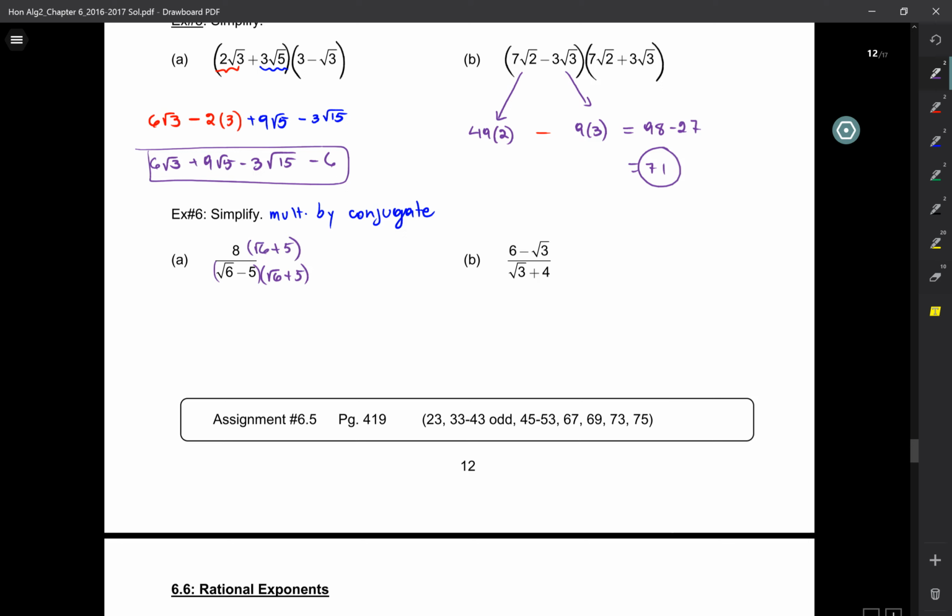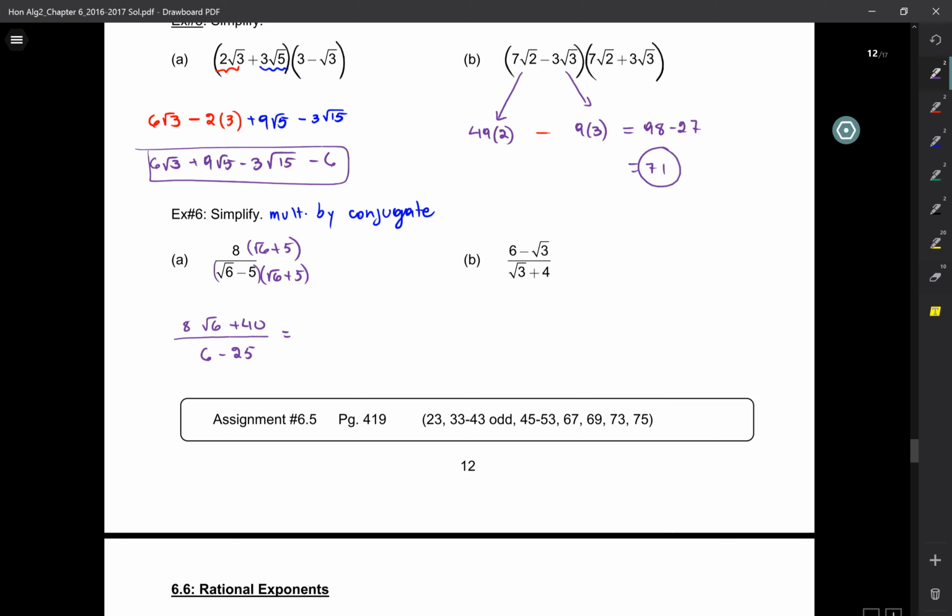All right. In the numerator, I will have 8 root 6 plus 40. In the denominator, I'm going to have the square of the first minus the square of the second, right? In this case, there is no I, so it remains a minus. So root 6 squared is 6 minus 25.